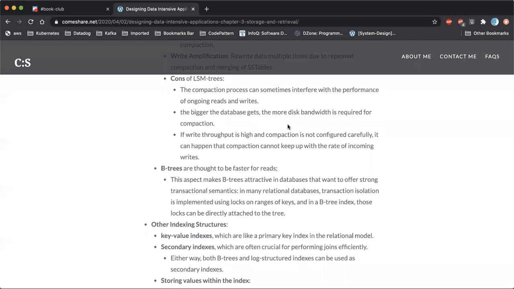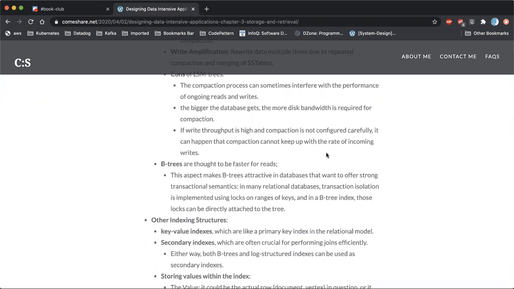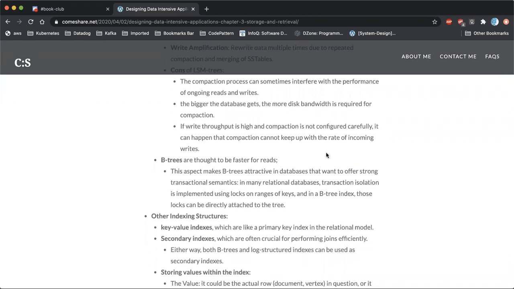The bigger the database gets, the more disk bandwidth is required for compaction. If write throughput is high and compaction is not configured carefully, it can happen that the compaction cannot keep up with the rate of incoming writes. I think mostly these disadvantages are because of background compaction and background writes, and how that interferes with reads.